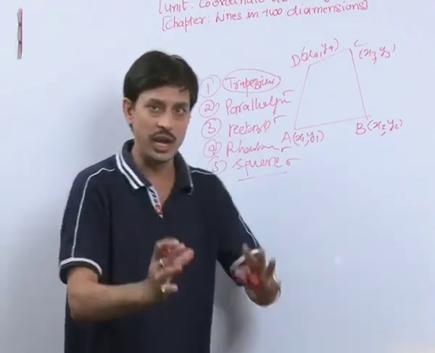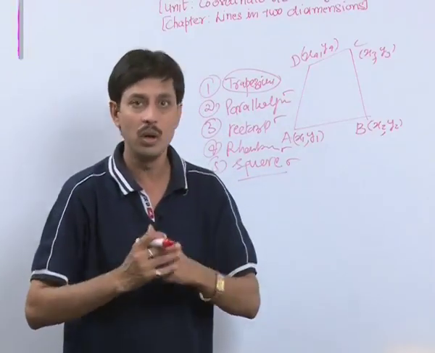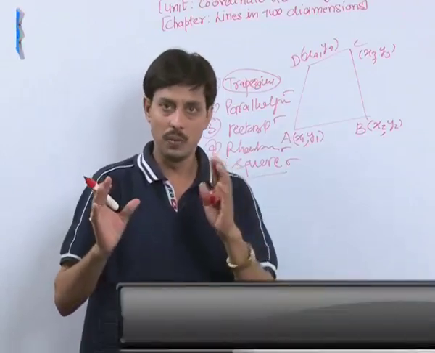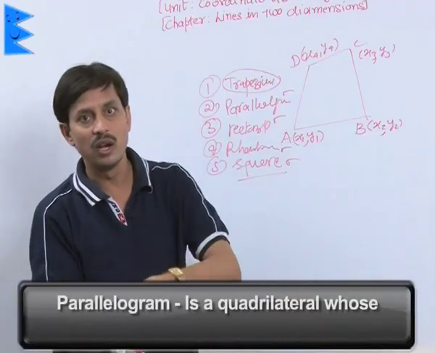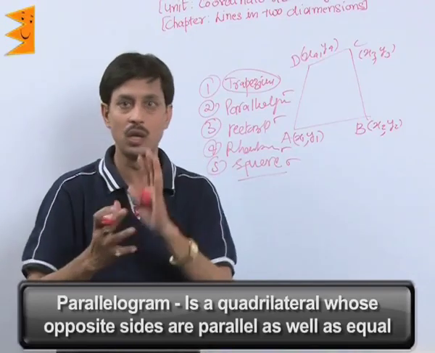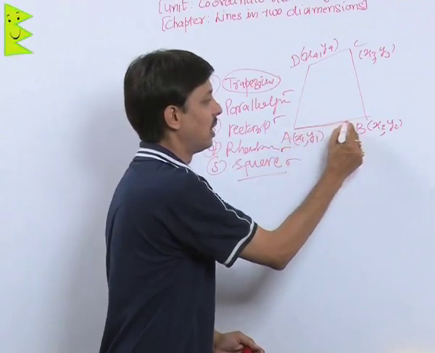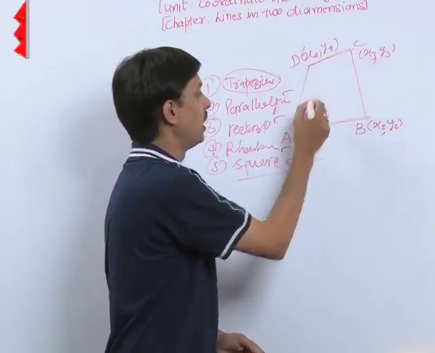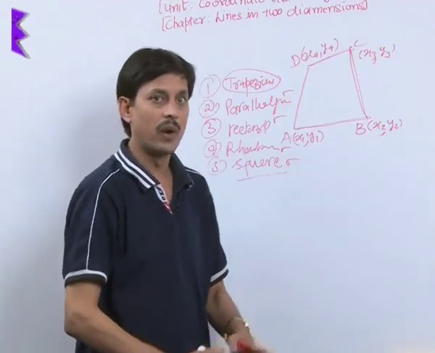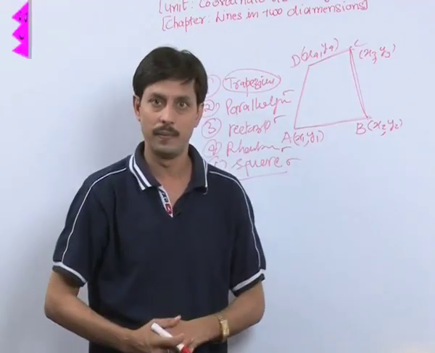So how do we check whether the given quadrilateral is a parallelogram or not? The simple definition: a parallelogram is a quadrilateral whose opposite sides are parallel as well as equal. So if we use the distance formula and find AB is equal to CD and AD is equal to BC, that is, the opposite sides are equal, we say it is a parallelogram.